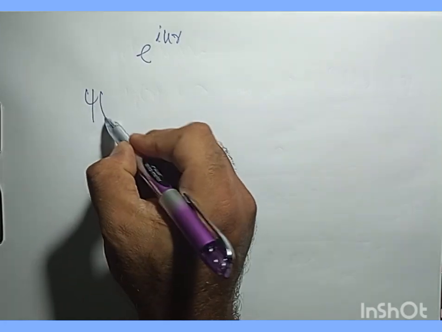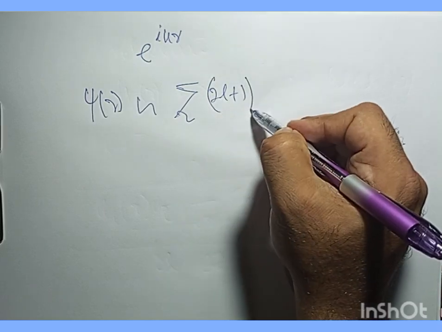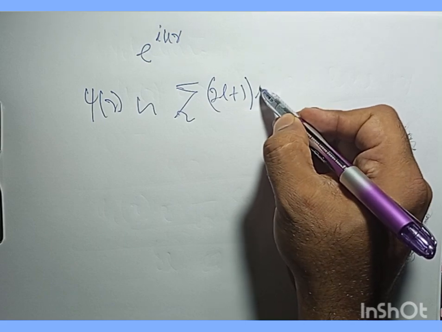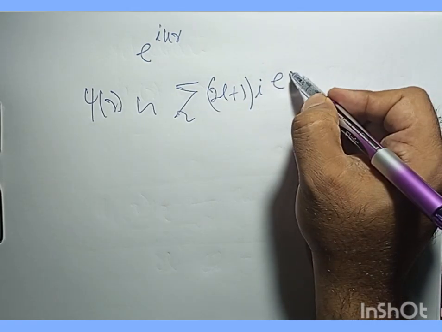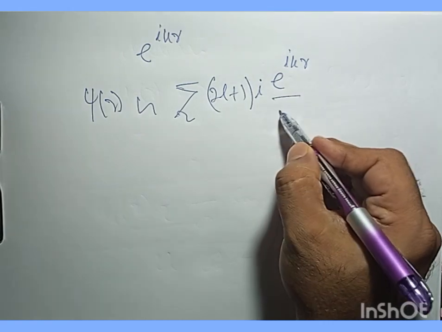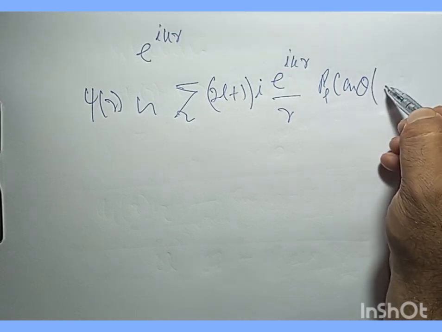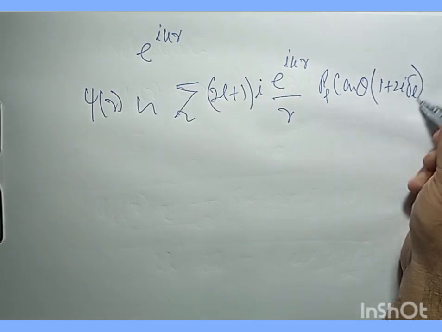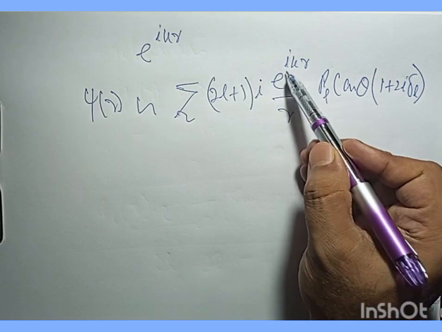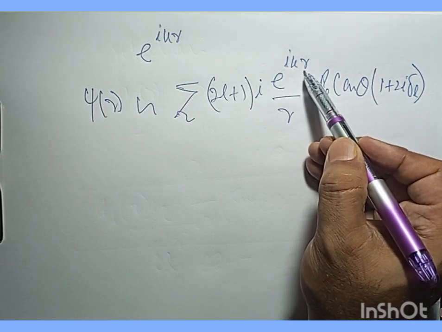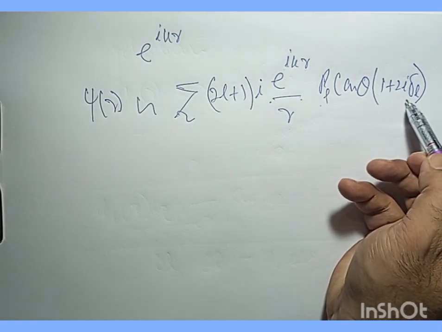In that case, psi of r is the superposition: 2L plus 1, then i, and then e to the power of i kr by r, P_L cos theta, times 1 plus 2i delta L.